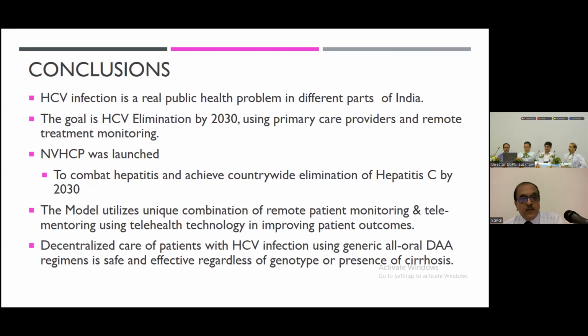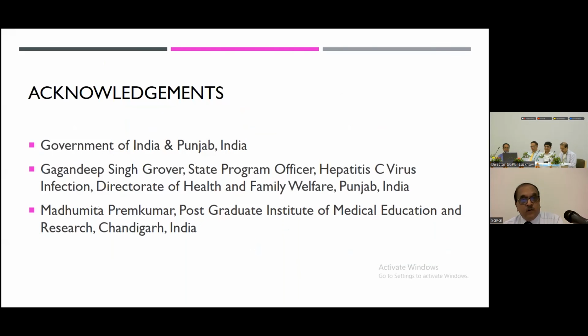The model utilizes a unique combination of remote patient monitoring and telemonitoring using telehealth technology to improve patient outcomes, with decentralized care of patients with hepatitis C or hepatitis B virus infection using generic oral drugs, and for hepatitis B we also have an oral drug that is safe and effective regardless of viral load in these patients.